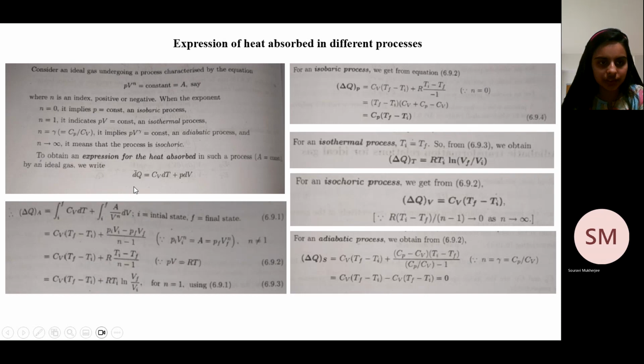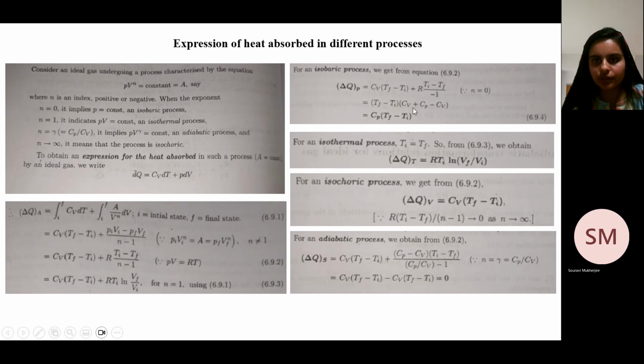This is just doing an integral, right? And what you see here is that when n is not equal to 1, you get this expression. But when n equal to 1, you get a logarithm term, because integration of dV by V gives you a ln term. So that's how you define it for n equal to 1 and for n not equal to 1.